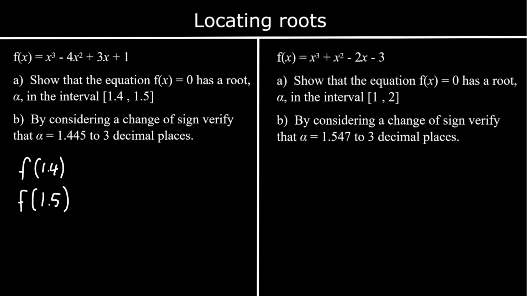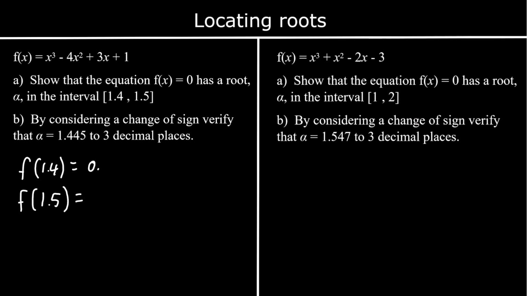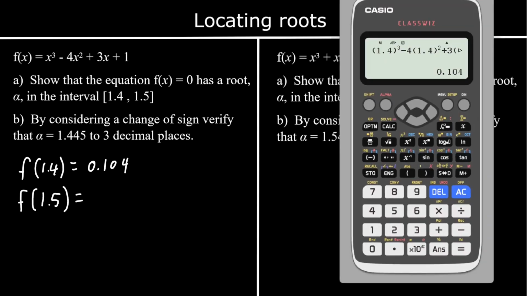So all we have to do to show that we've got a root is to substitute these into our function. So it's 1.4 cubed minus 4 times 1.4 squared plus 3 times 1.4 plus 1. So we get 0.104. And then the same for the 1.5. Because the first one was positive, this one will have to be negative.